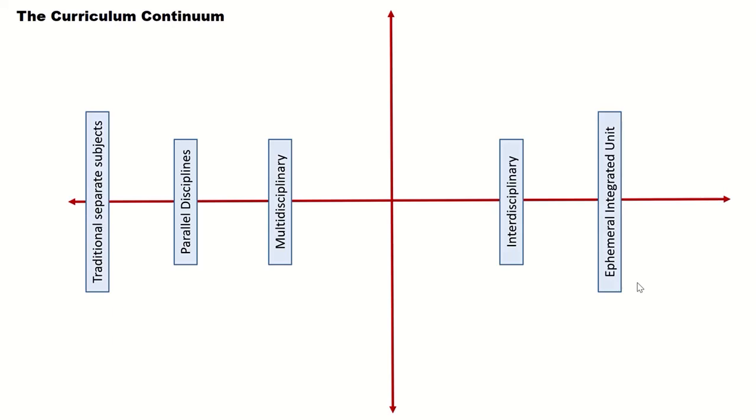You just are focusing on that concept or that thing or that time period, and students are doing things that are related to that, and not worrying at all about what subject it is, even though probably all the subjects might be represented there. It's ephemeral, meaning that it's for a short period of time. Those teachers come together for 2 weeks to study the Olympics while the Olympics are happening, and then at the end of that 2 weeks, they all go their separate ways and back to their classrooms and continue on their normal curriculum.